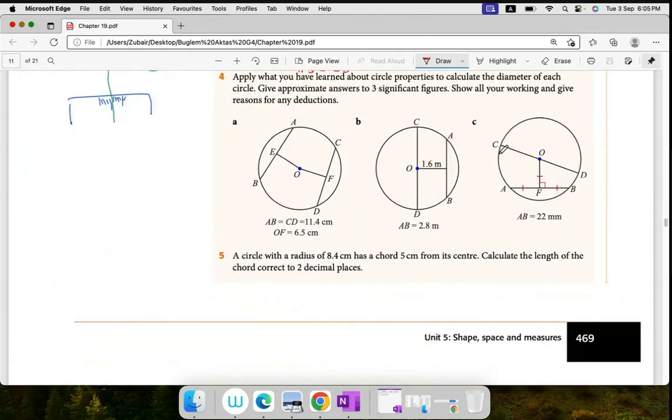And now in question 4, try the first one. I'm getting 17.3 for the first one.